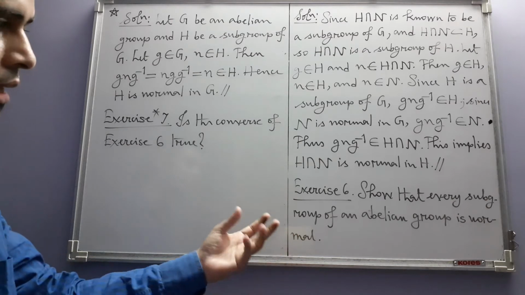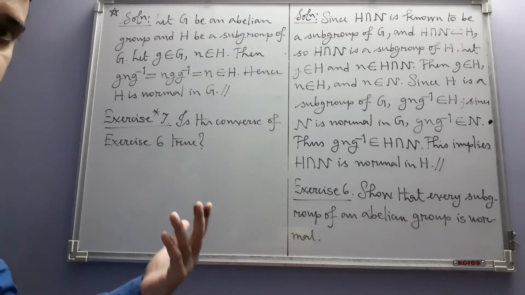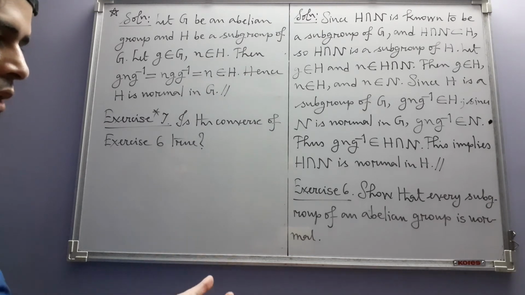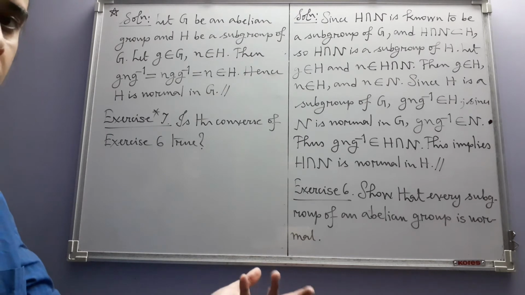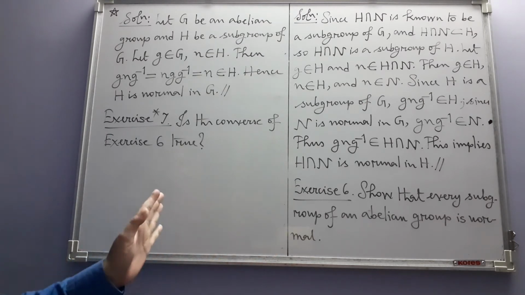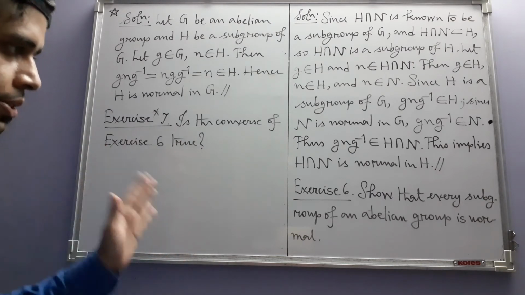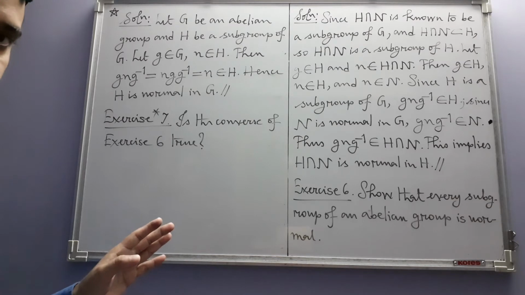Exercise 6 says that if a group is abelian, then all of its subgroups are normal. The converse would be this: if all of the subgroups of a group are normal, then the group is abelian. And this turns out to be false. There exist groups which are non-abelian, but where all the subgroups are normal.